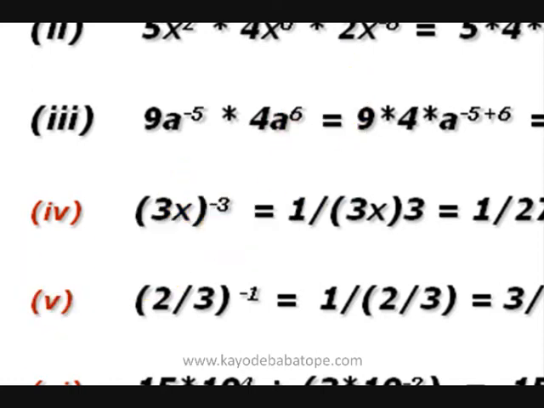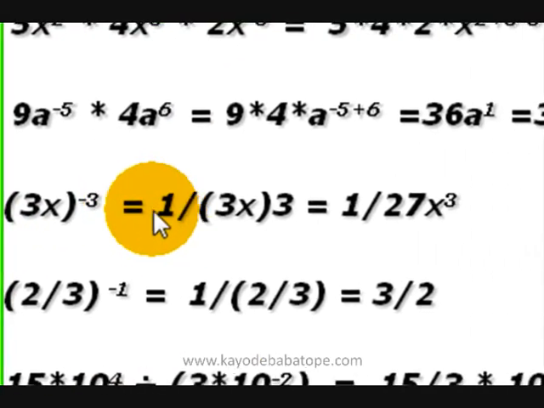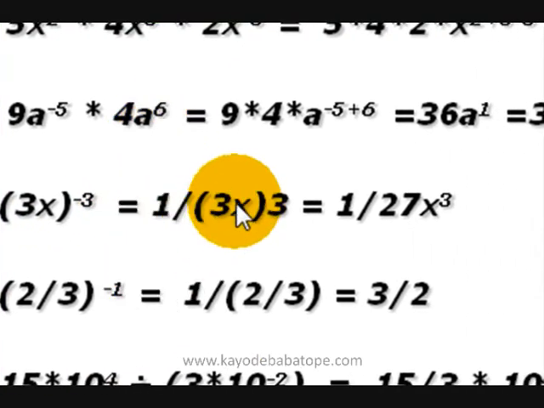That is, 3x raised to power minus 3 is equal to 1 over 3x raised to power 3. And what does that give us? It gives 1 over 27x cubed. I hope that is clear, because 3x raised to power 3 is 3 raised to power 3 times x raised to power 3. So that gives 27x raised to power 3.